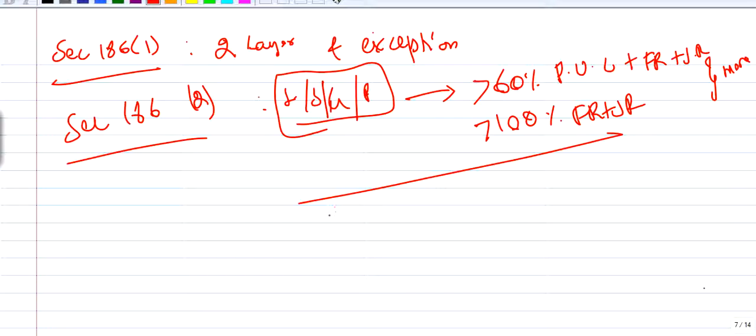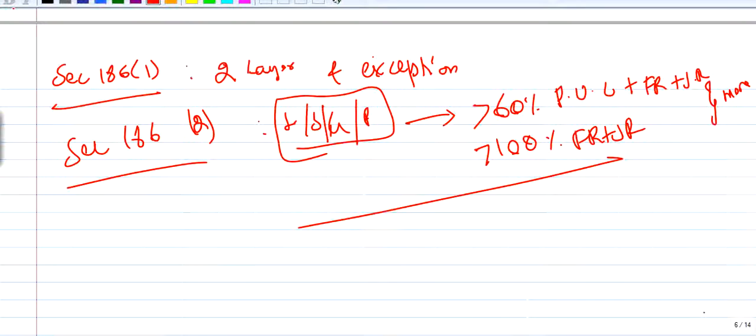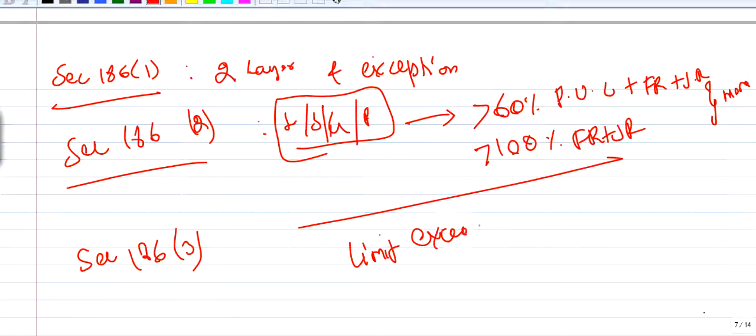Next comes subsection 3. If these limits are exceeded, then a special resolution is required. That is 3.